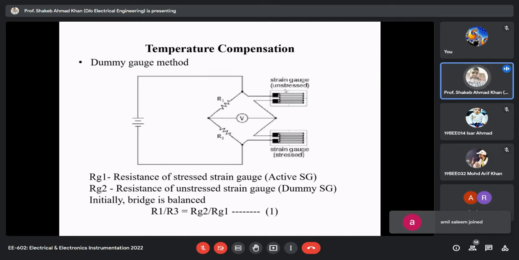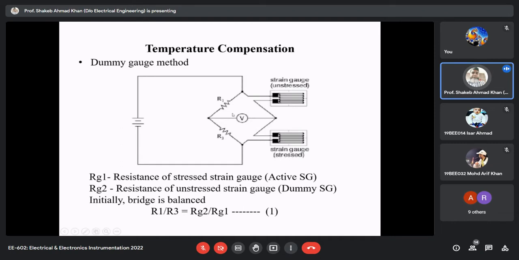So it is claimed that in this circuit, if there is a change in resistance in only one of the strain gauges, then we will get the response. There will be a change in the potential difference across the detector arm. And if there is the same amount of change for any reason in both the strain gauges, then this output won't change.